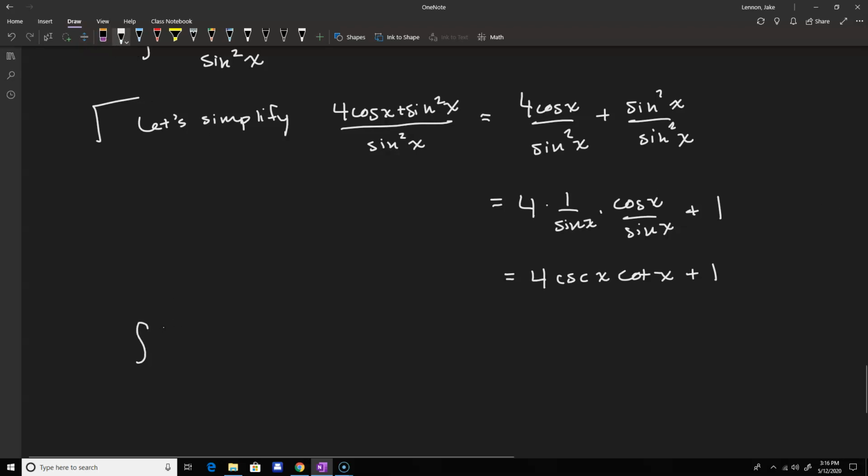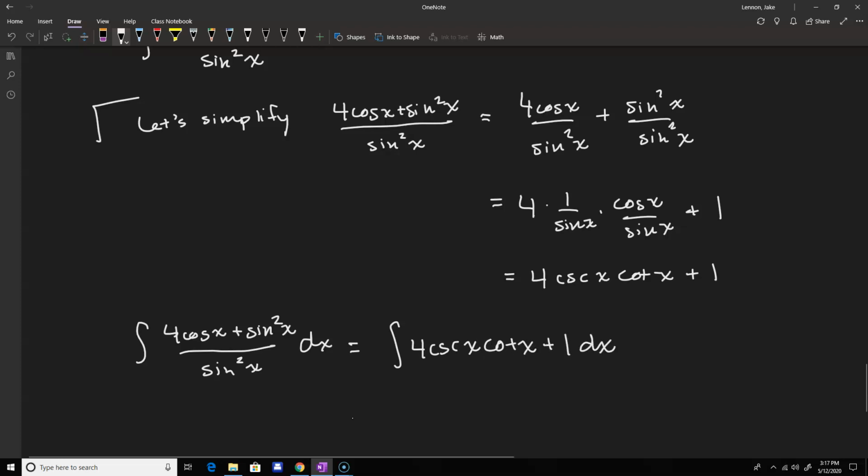The integral of 4 cosine of x plus sine squared of x over sine squared of x is the same as the integral of 4 cosecant of x cotangent of x plus 1. And we can split that up again using the linearity of the integral.